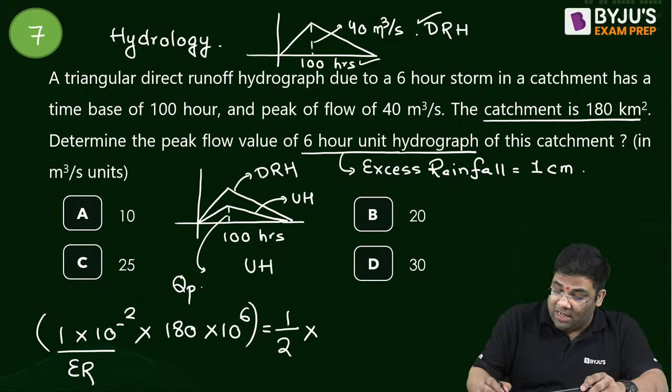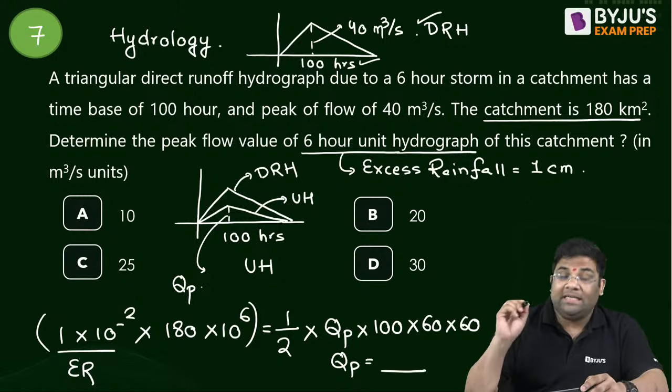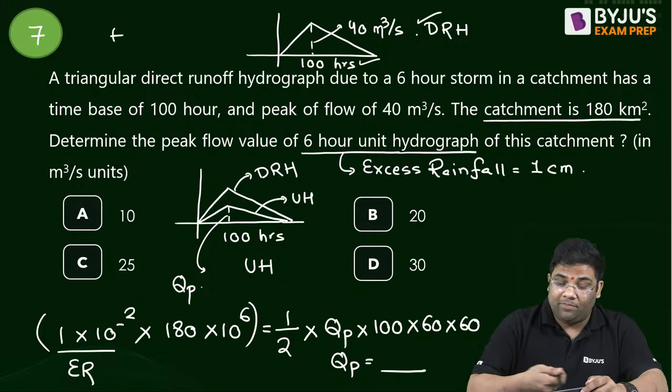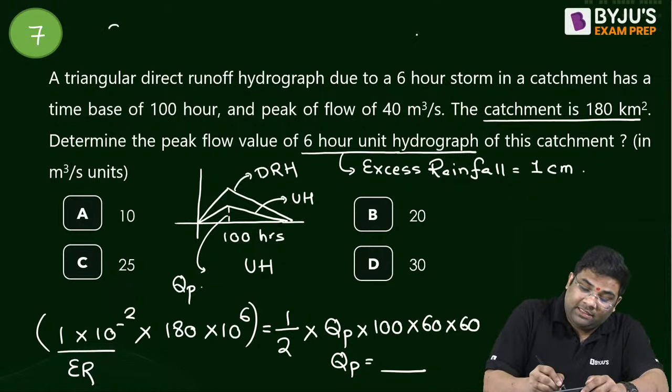The peak flow is suppose QP. Base hours is 100. I'll convert this 100 into seconds. So please give me this answer. What is the answer to this? Tell me. Very simple formula. It's a very important formula.